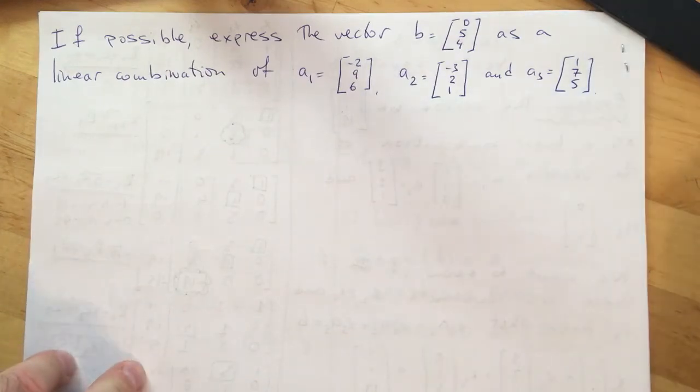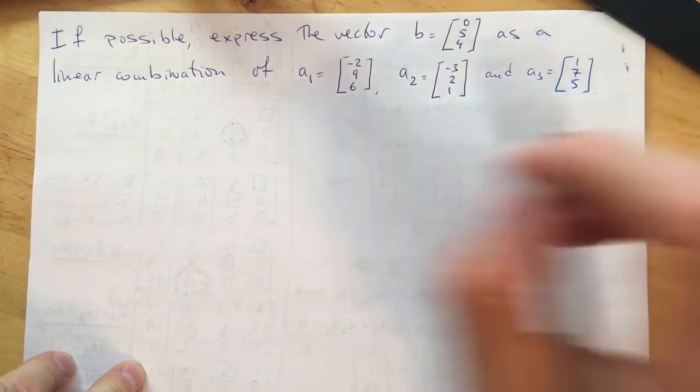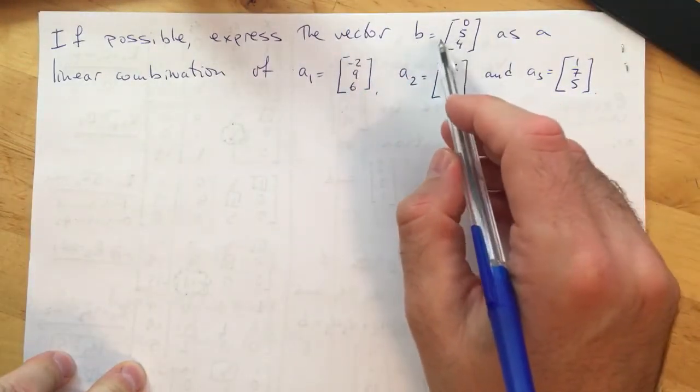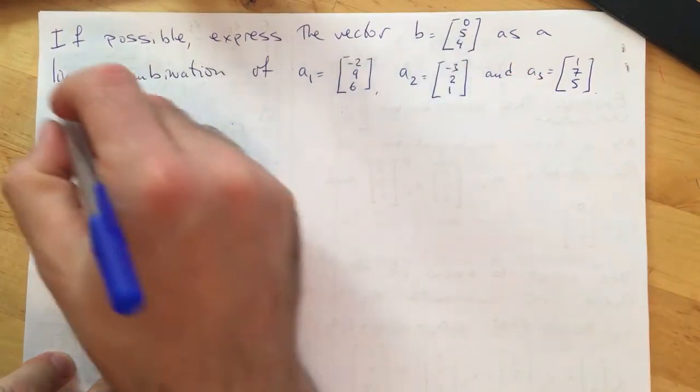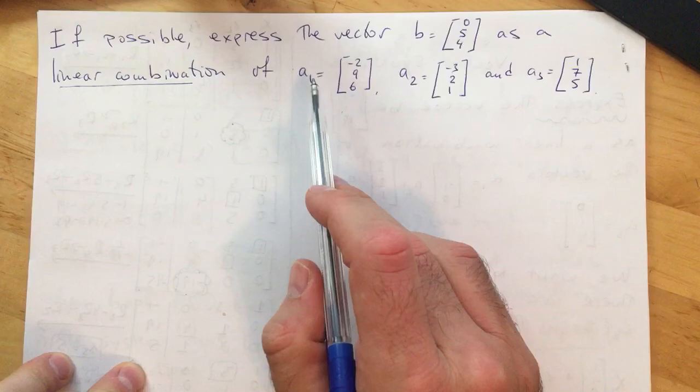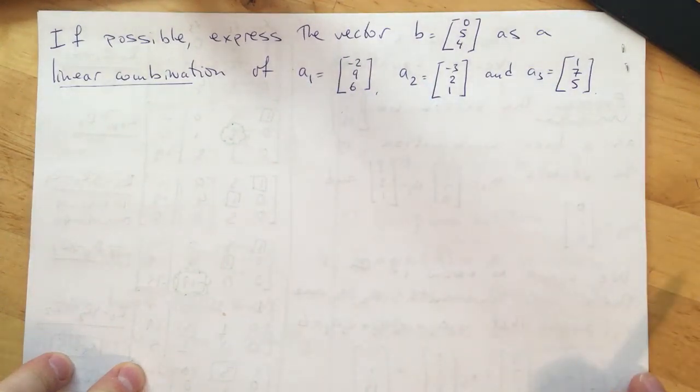In this video, we will do another example about vector equations, and here we are asking the question, if possible, the given vector b = (0, 5, 4), express it as a linear combination of the vectors a1, a2, and a3.